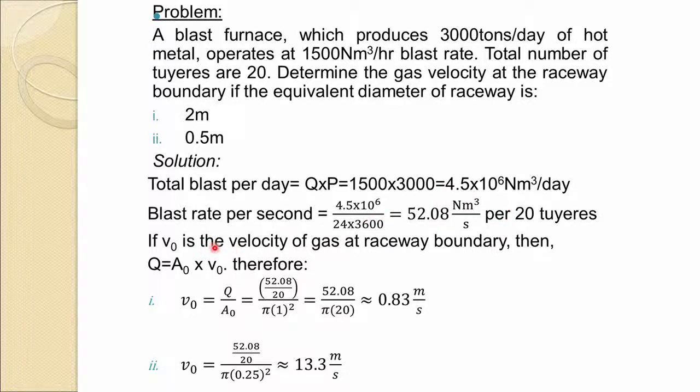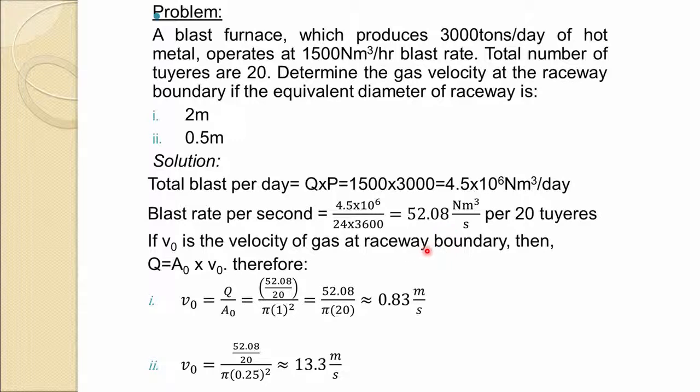So, V naught is the velocity of the gas at the raceway boundary we assume, then you can have a volumetric flow rate, which should be equal to the area into the velocity at the raceway boundary. So, we can calculate the velocity at the raceway boundary. Q is 52.08. Now, we are doing it at the raceway boundary.